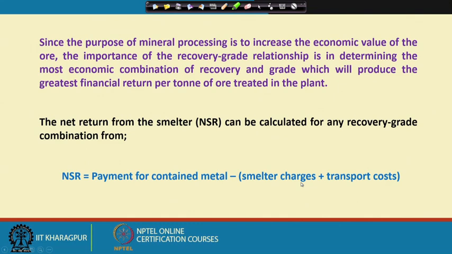Smelter charges include everything, from your geological exploration to mining to processing to extraction processes, refining processes and all this, plus your transport costs. So, that is the net smelter return.